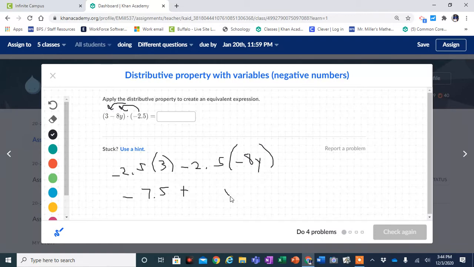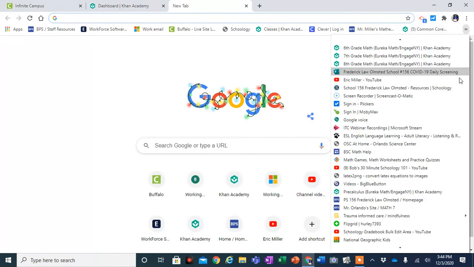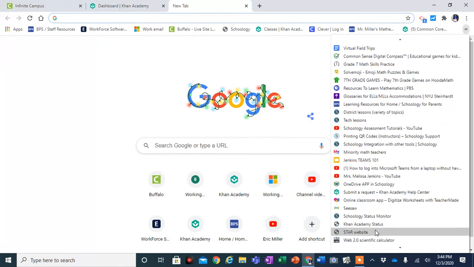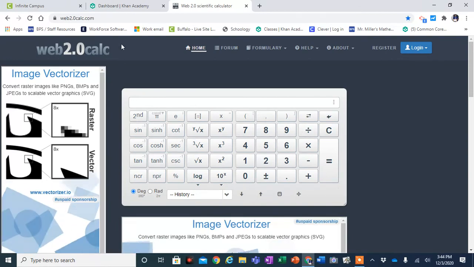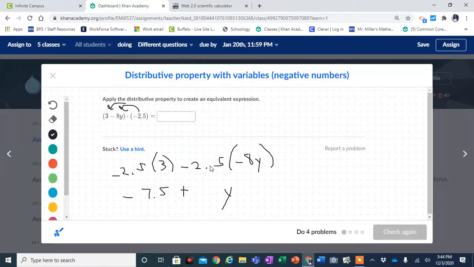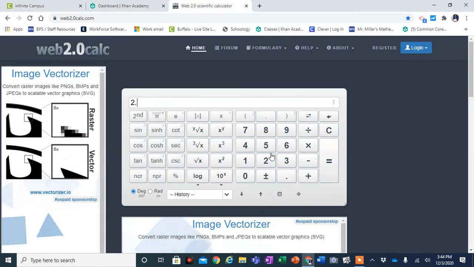We're going to still have the letter y, but then we need to use our calculator to find out what the value is. So we had 2.5 times 8, which is 20.